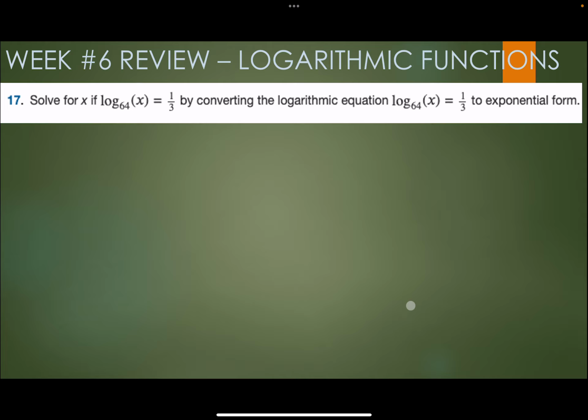So if we want to solve for x for this function by converting it to exponential form, we're going to have log base 64 of x equals 1/3. That means x is equal to 64 to the 1/3. So we can literally take our calculator and put that in. And when we do that, we get x equals 4. Okay, super simple, straightforward question.